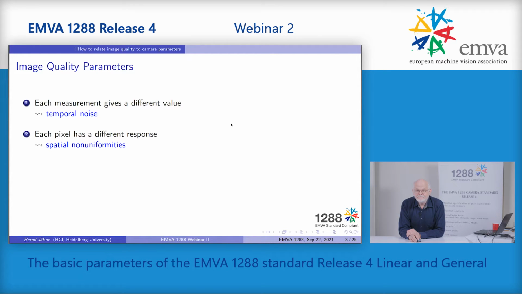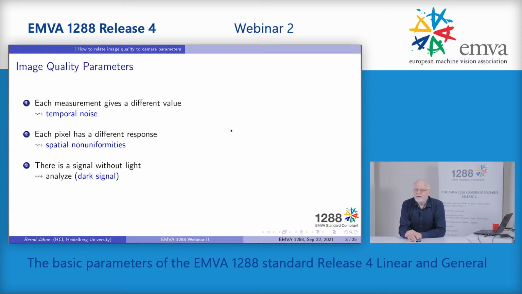The second thing is, we have not just one sensor. We have, of course, one camera, but within this camera you have millions of pixels, individual sensor elements, and unfortunately, all these pixels are not the very same. They have slightly different responses. And that leads to another problem, spatial non-uniformity. And how can we now describe the spatial non-uniformity?